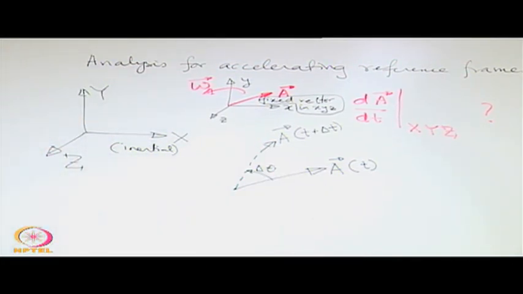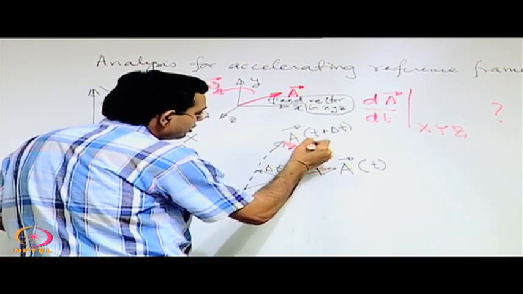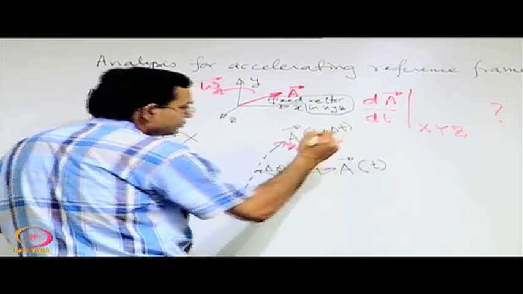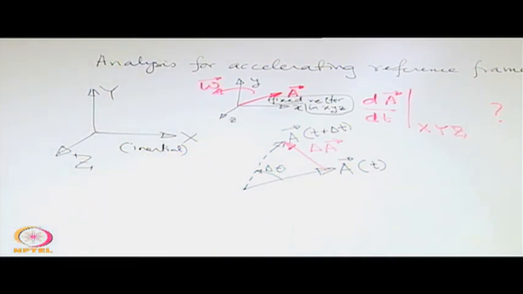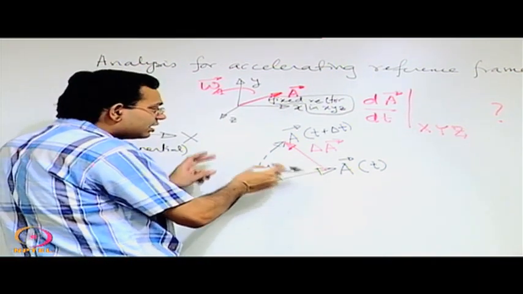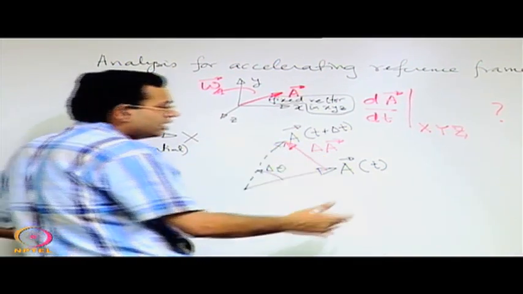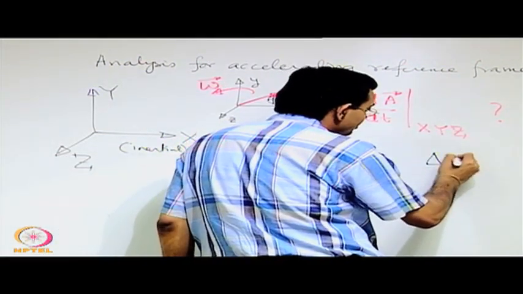So, what is the change in the vector? The change in the vector is this delta A. So, what is this delta A? For small delta t, the delta theta is small. So, this is just like an arc of a circle. So, delta A in terms of magnitude is what?